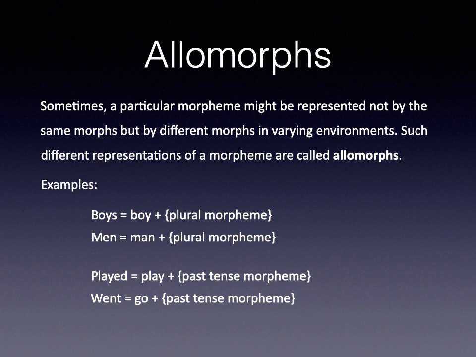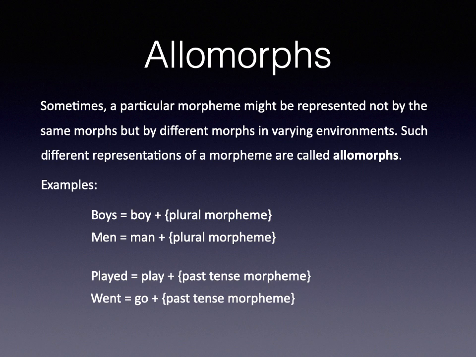And what is an allomorph? Sometimes a particular morpheme might be represented not by the same morphs but by different morphs in varying environments. Such different representations of a morpheme are called allomorphs of that morpheme. Now, this is actually not as difficult as it sounds. I've given some very simple examples here.